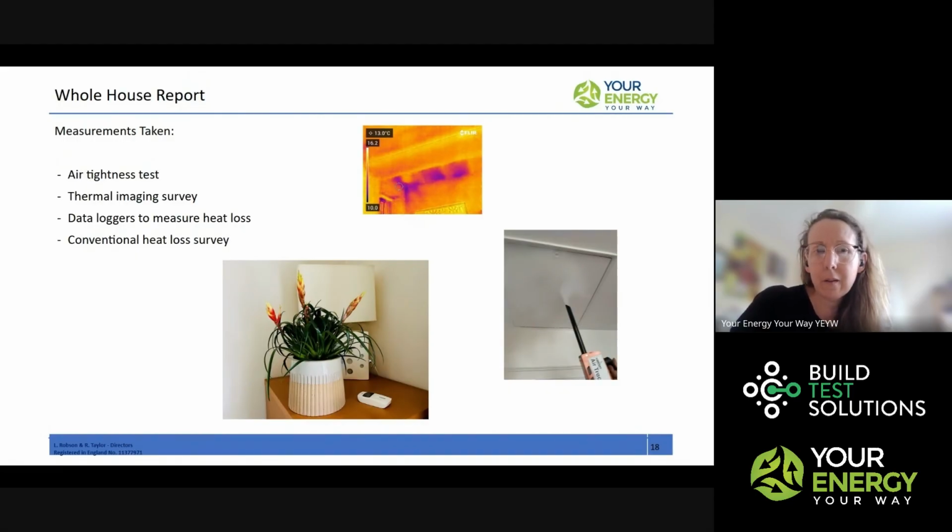This is quite interesting, and actually caused us a bit of a problem because I didn't pay enough attention to this image when we did the thermal imaging survey. I'm trying to give you a warts and all version of the story here. I came back to this later and realized this is 10 years old.